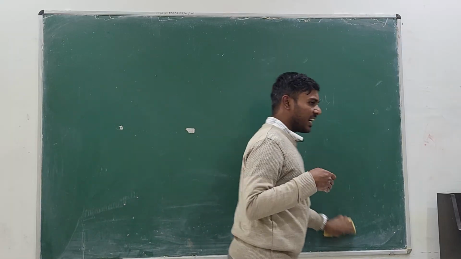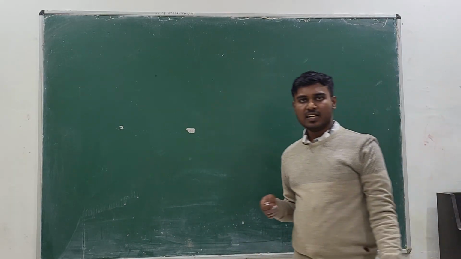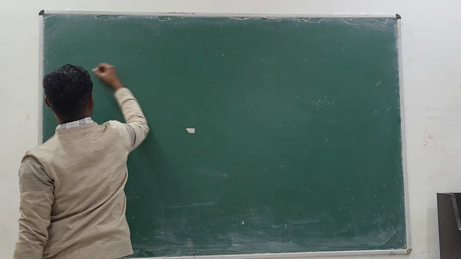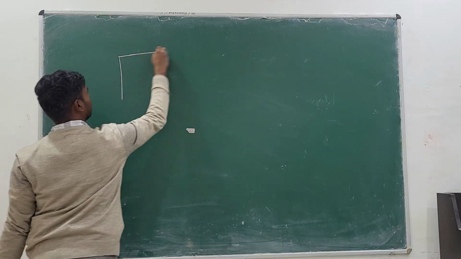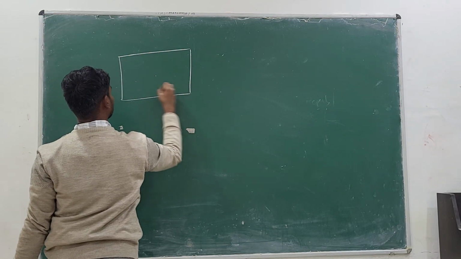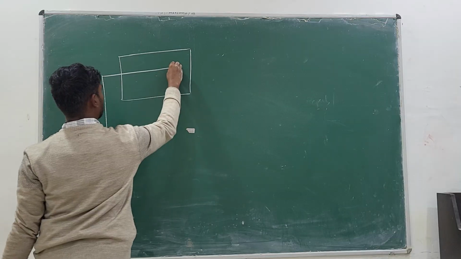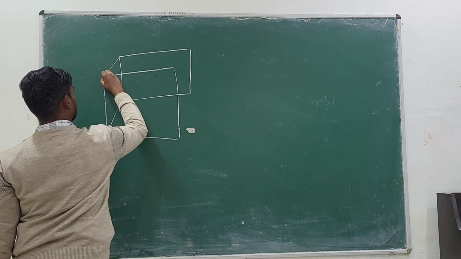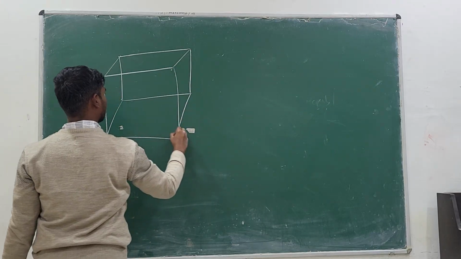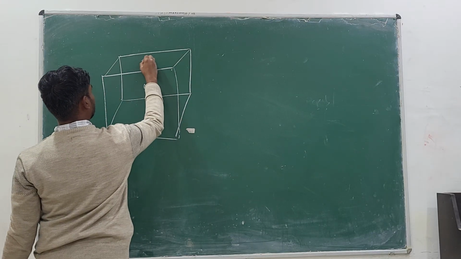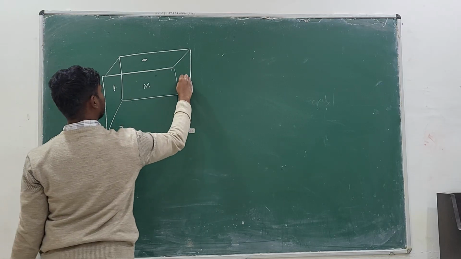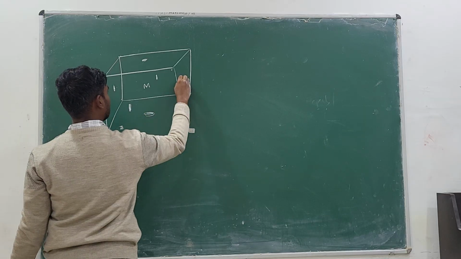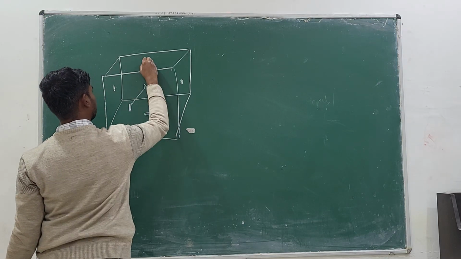To explain this tetrahedral complex formation concept easily, I will explain the octahedral complex in a different manner, with the help of the cube. Each face center will represent a ligand.